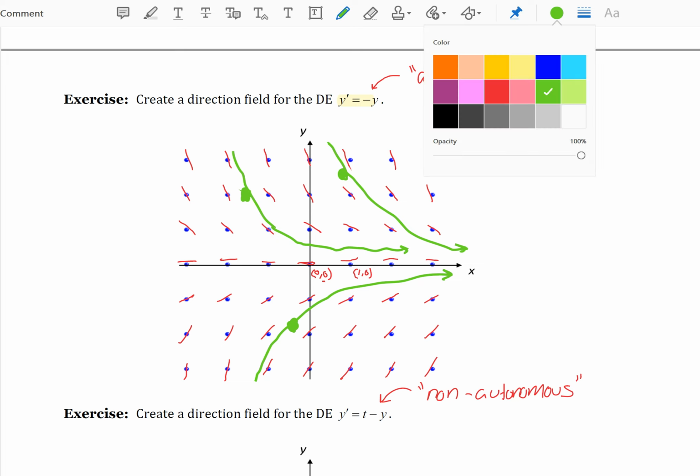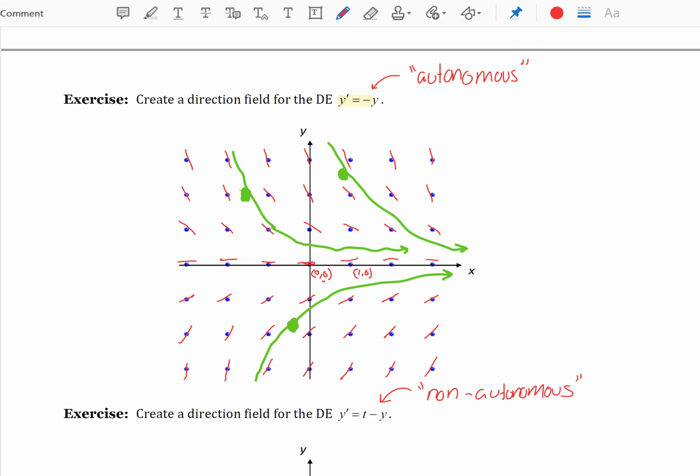Okay, now a little bit of review. The last thing we could do here is identify our equilibrium solution. Here we could say our equilibrium solution, the value where the slope is always going to be 0, would be at y equals 0, which we can see in our direction field here.